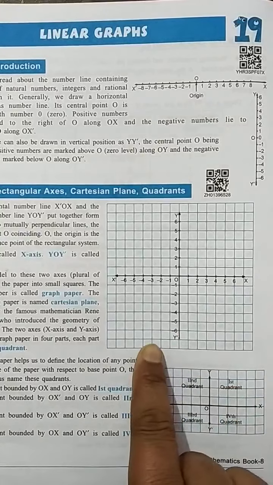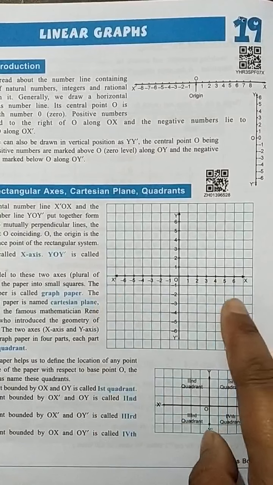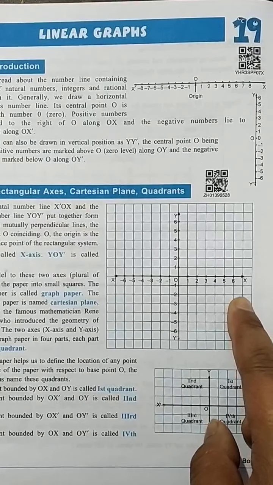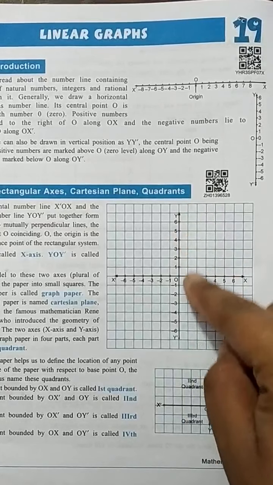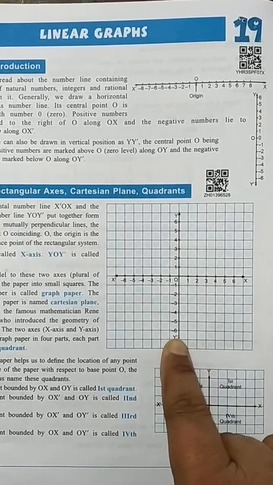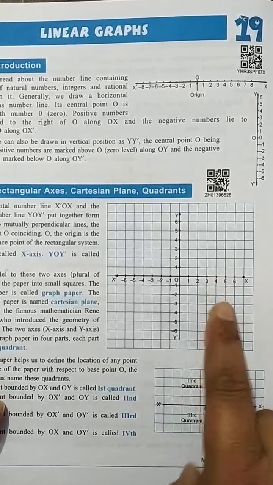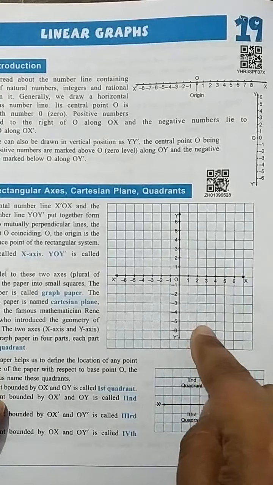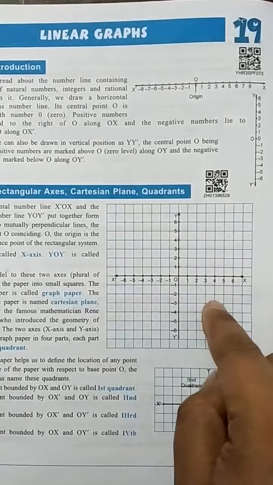Students, in our graph copy, we draw a horizontal line. It is called x-axis or abscissa, and the vertical line is called y-axis or ordinate. So this graph shows us 4 quadrants: 1, 2, 3, 4.